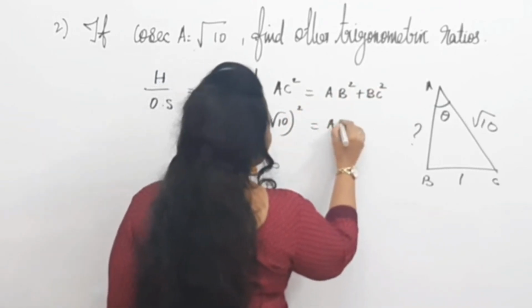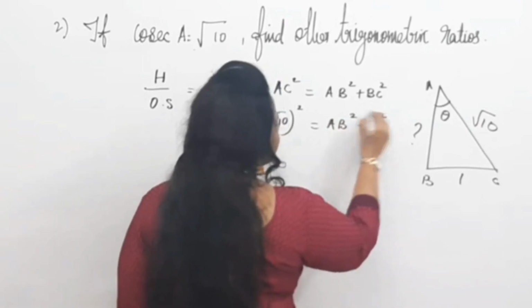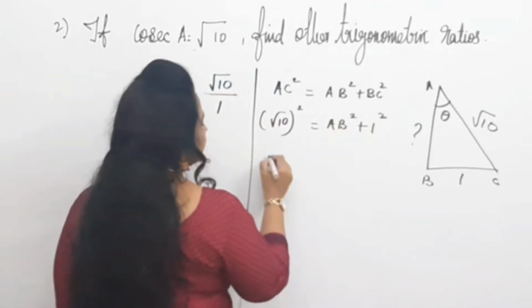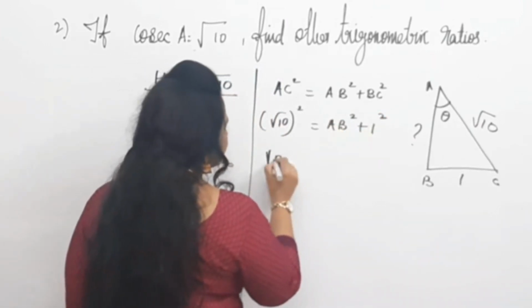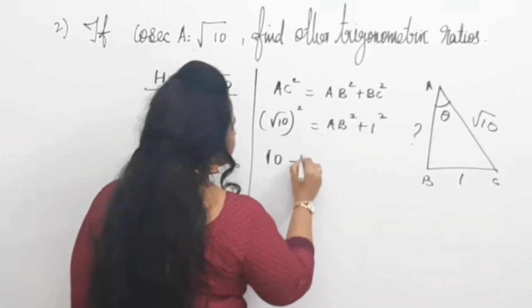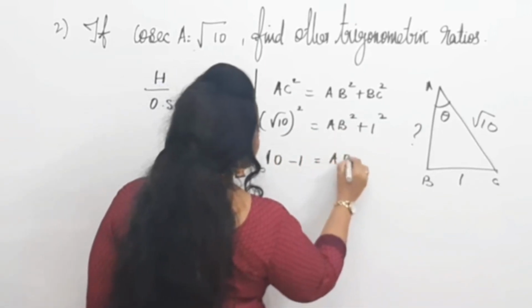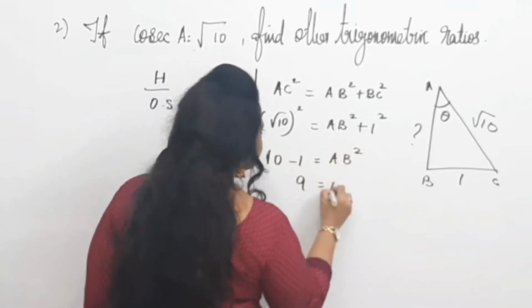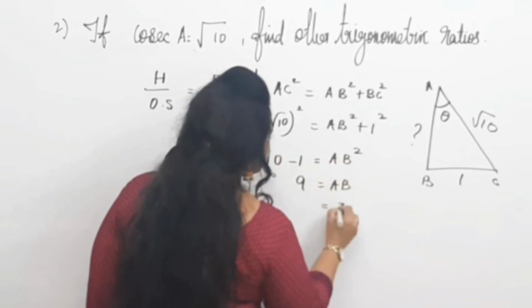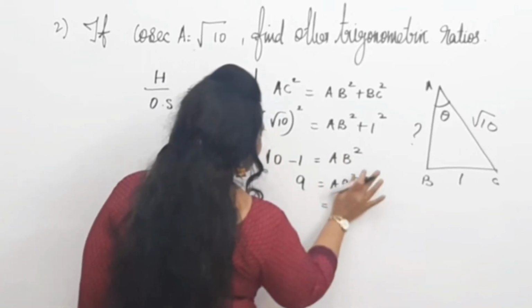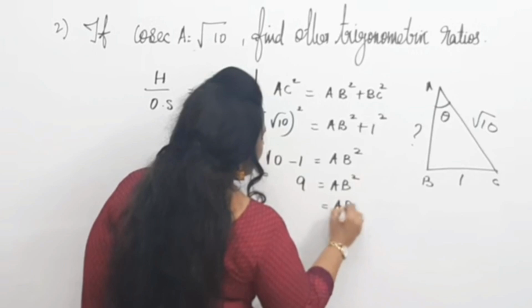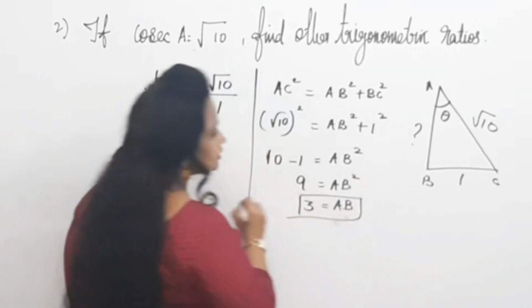I do not know AB square, but I know BC is 1 square. So root 10 the whole square is 10, and then the 1 goes to this side, that's equal to AB square. I got 9 is equal to AB square, so 3 is my AB. So I got my AB as 3.